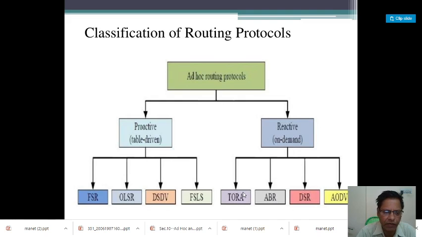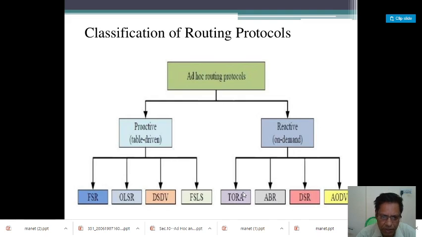What is FSR? FSR is the Fisheye State Routing protocol. OLSR is the Optimized Link State Routing protocol. DSDV is Destination Sequenced Distance Vector routing.